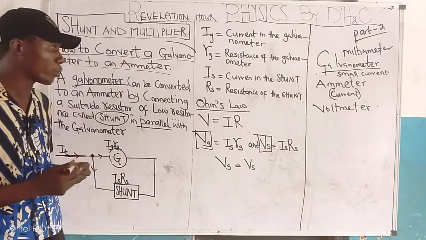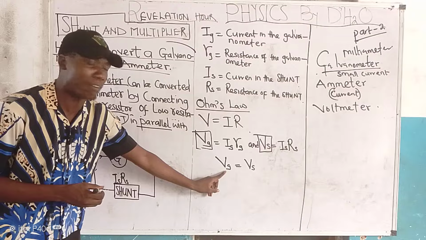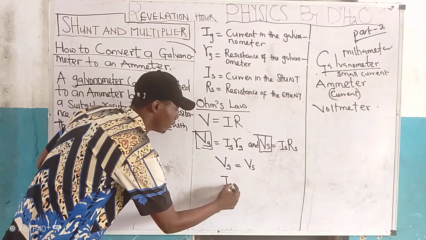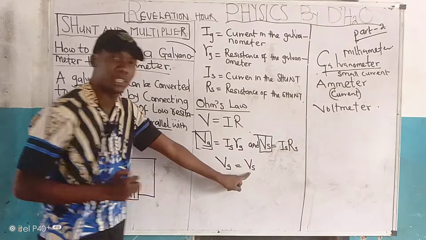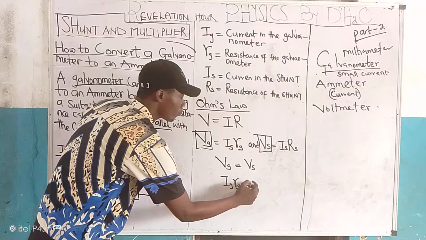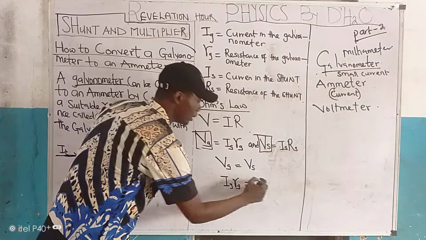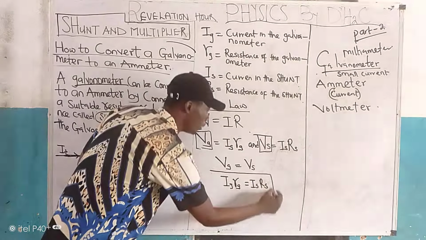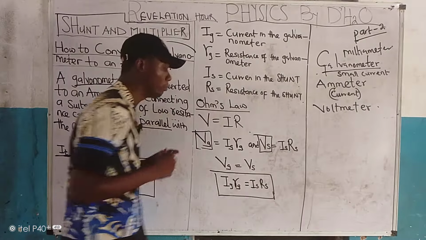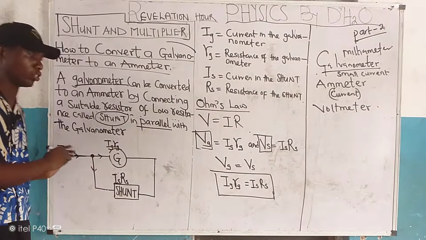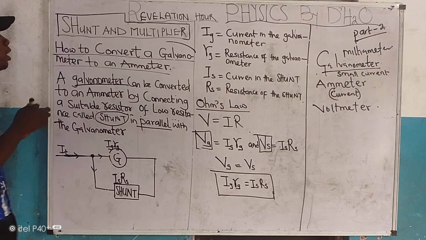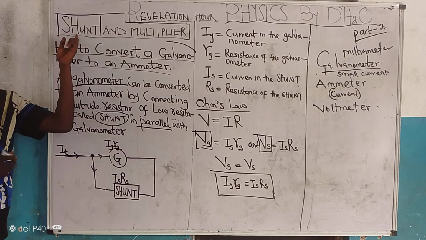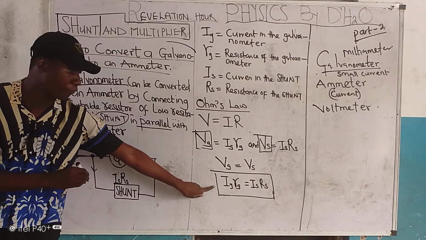The voltage in the galvanometer is current in the galvanometer times resistance of the galvanometer. The voltage in the shunt is current in the shunt times the resistance of the shunt. Don't forget, we are talking about the shunt and the multiplier, and we are basically on the shunt. Take note of this important formula.